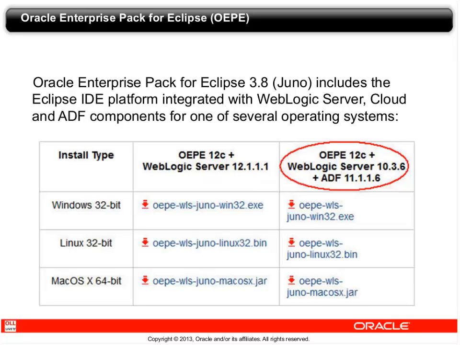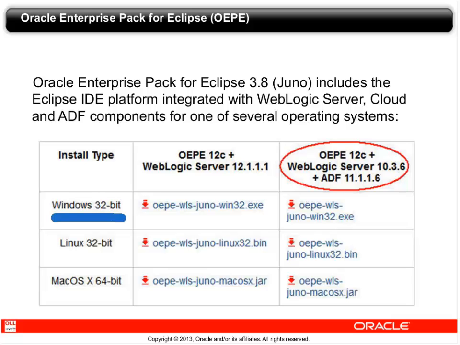In the Oracle by Example tutorial that is the basis for this webcast, as I mentioned, you'll be able to find a link to download the Oracle Enterprise Pack for Eclipse. The software runs on a variety of different operating systems, including Windows 32-bit, which means it runs on XP and also on Windows 7, as I have right here.